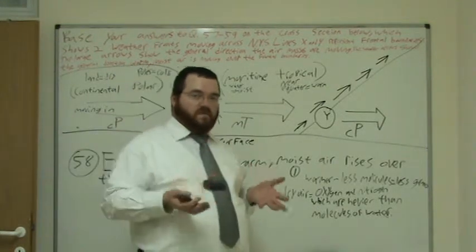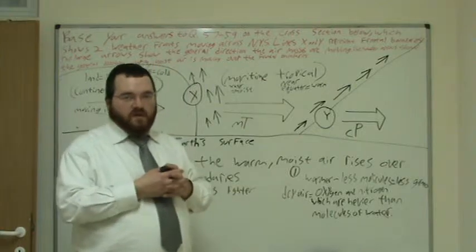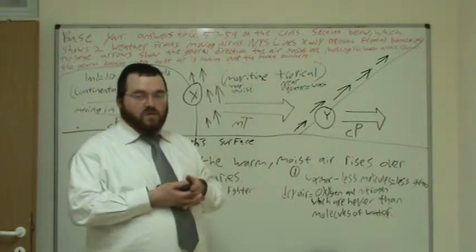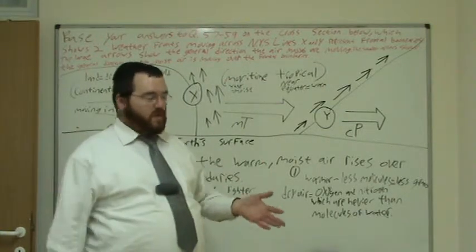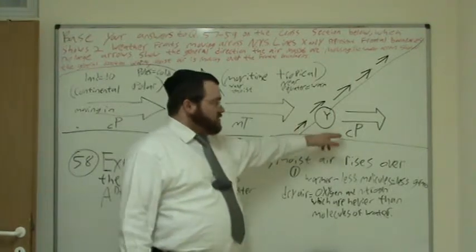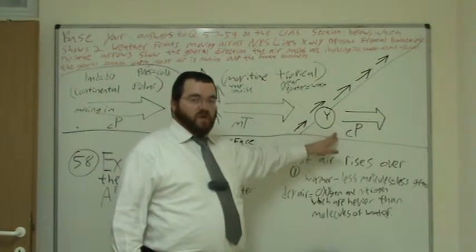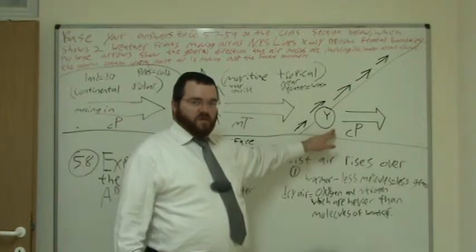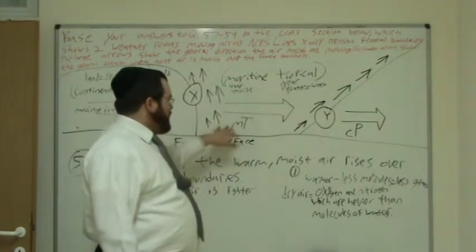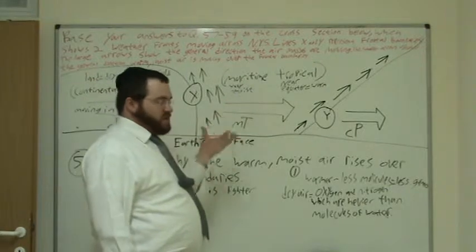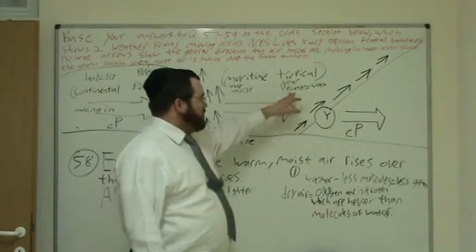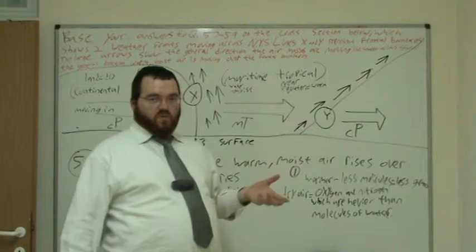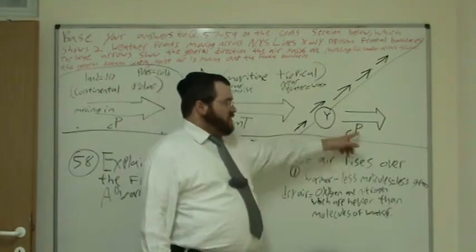Therefore, since you have lighter molecules mixed up with heavier molecules in the moist air, and in the continental ones you don't have the moisture, so you don't have the lightness, the continental stays heavier, and the maritime, which is moist, is lighter, plus tropical means near the equator, so it's warmer than the P for polar.